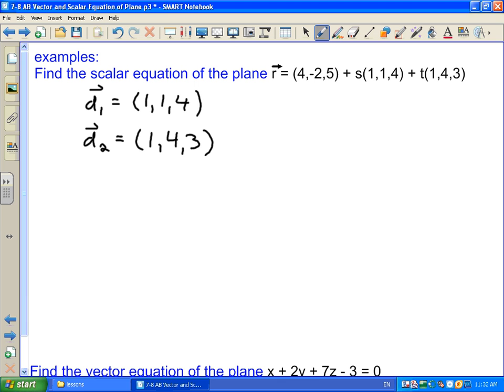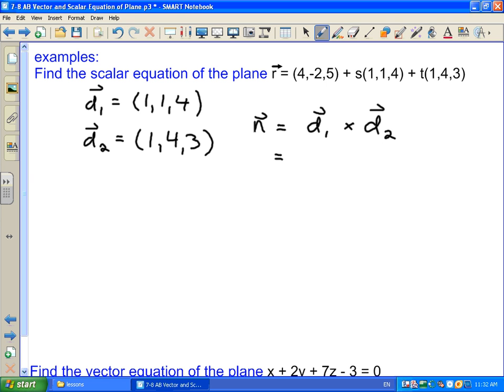So if both D1 and D2 are direction vectors for the plane, that means they must lie in the plane. So we want a vector that is going to be perpendicular to both D1 and D2. Exactly, we take the cross product. So our normal vector is going to be the cross product of D1 and D2.